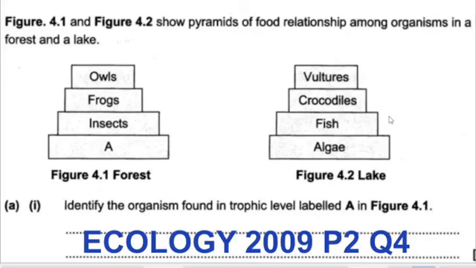So why was there more DDT in organisms in the fourth trophic level of figure 4.2 than those in the first trophic level? When you look at our figure 4.2, we've got the food relationship among organisms in a lake. We've got algae, fish, crocodiles, vultures. So why were more traces of DDT being consumed under the fourth trophic level?